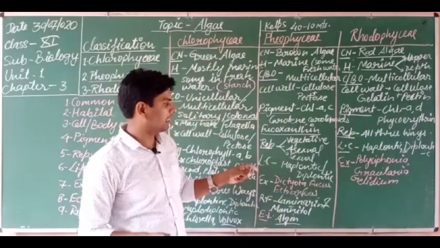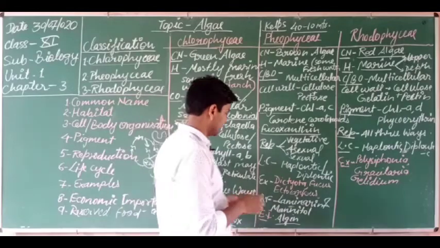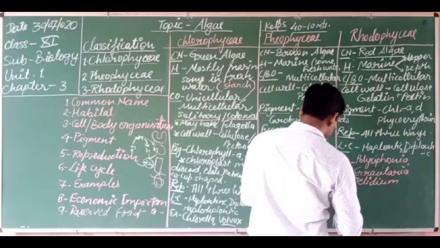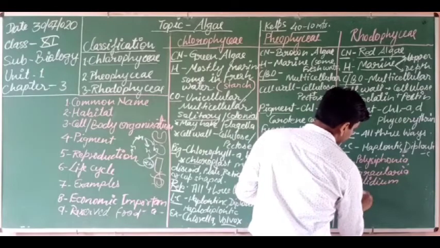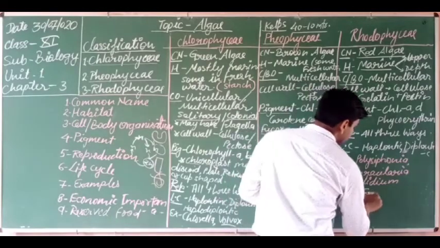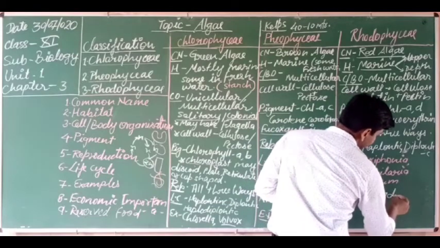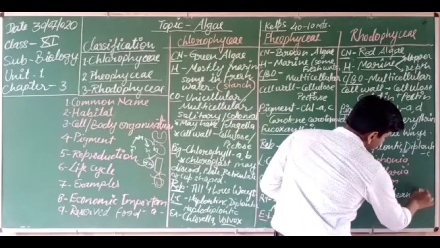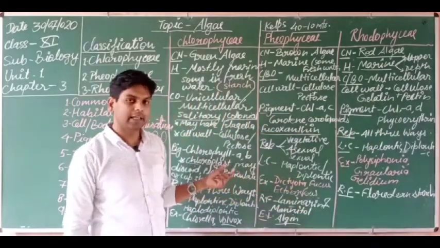Next, what is the reserve food material? The reserve food here is Floridean starch. So Floridean starch is the reserve food material.